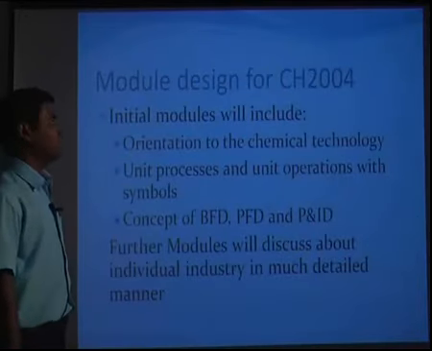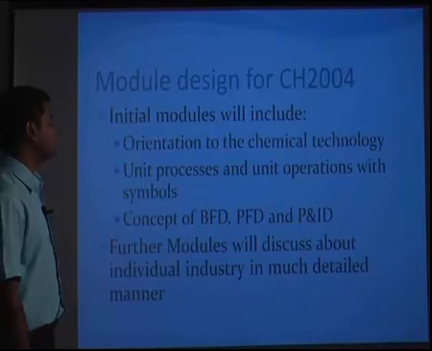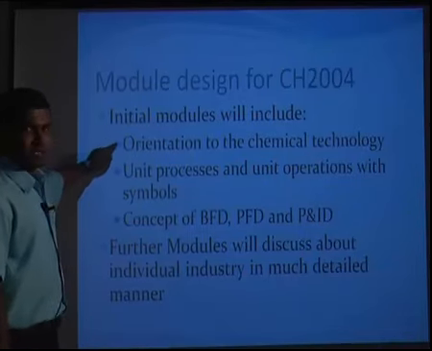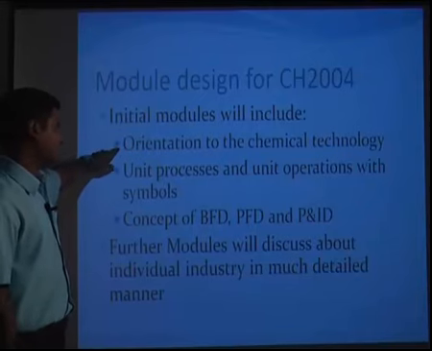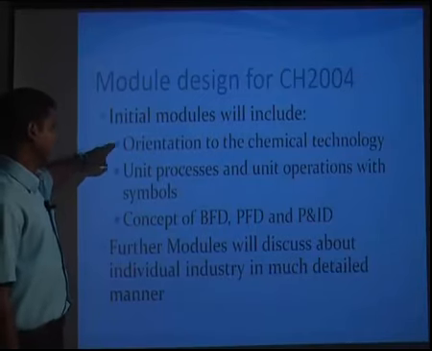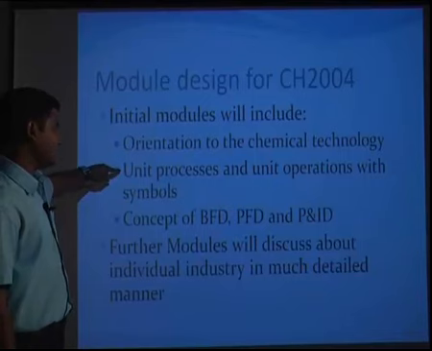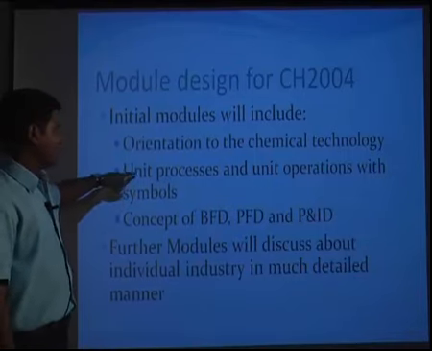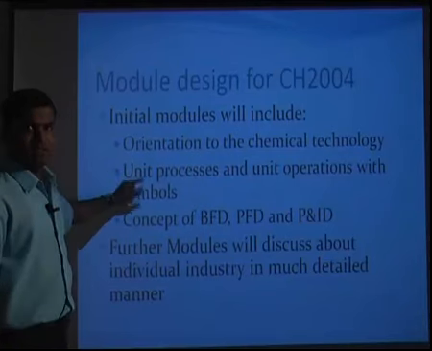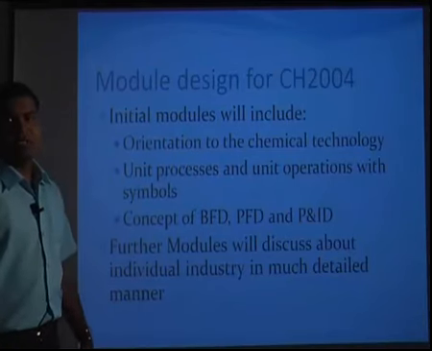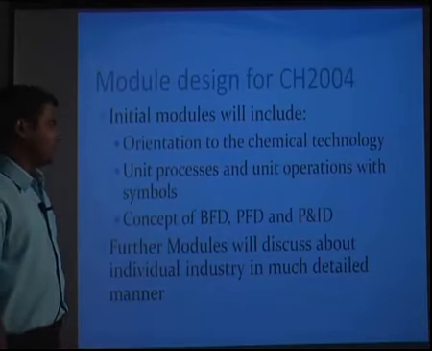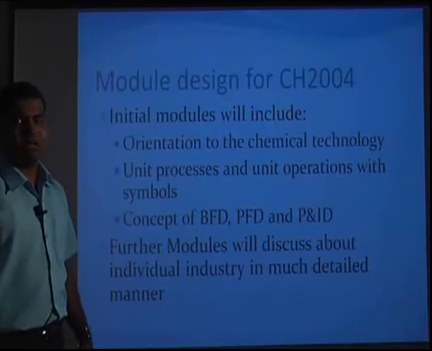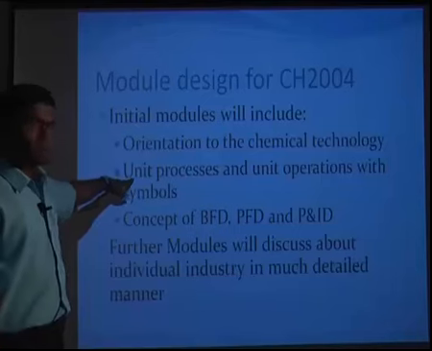Then how are the modules designed for CS2004? The initial module will introduce the orientation to chemical technology, that is the first one we are discussing now. Then the further module will discuss chemical processes and chemical operations with the symbols. In each process we have to discuss the various kinds of chemical reactions. As far as a chemical engineer is concerned, he should have knowledge of chemical reactions. Why do we have to learn this?